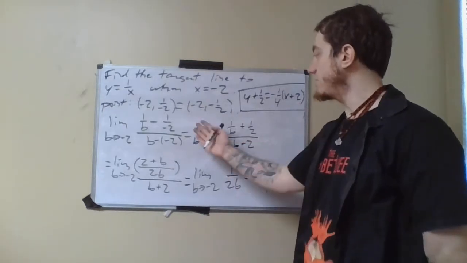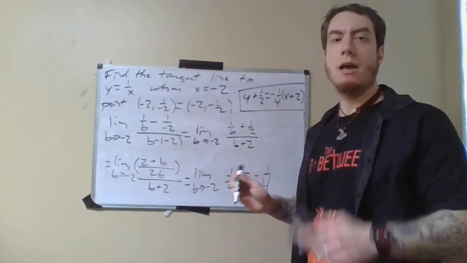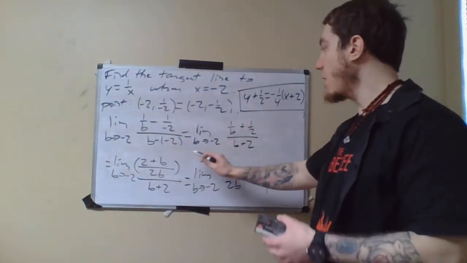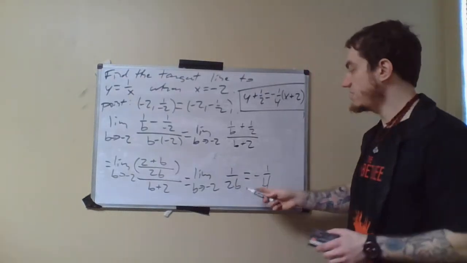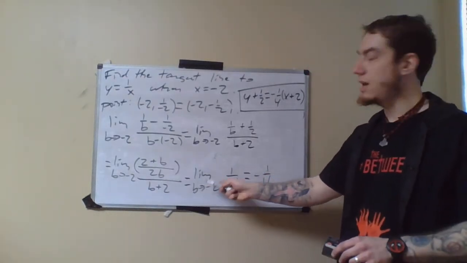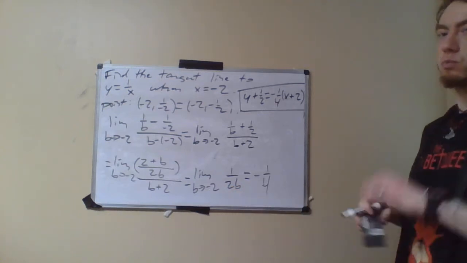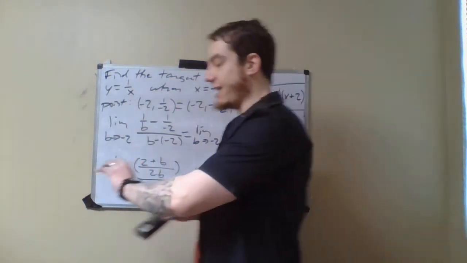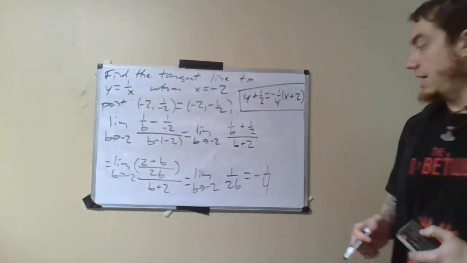The temptation is to stop writing out limit as b approaches -2. I'm going to warn you, keep writing it until you are actually taking the limit. So until this step, I need to continue having limit as b approaches -2. It is wrong to just drop that limit thing prematurely, so to speak.